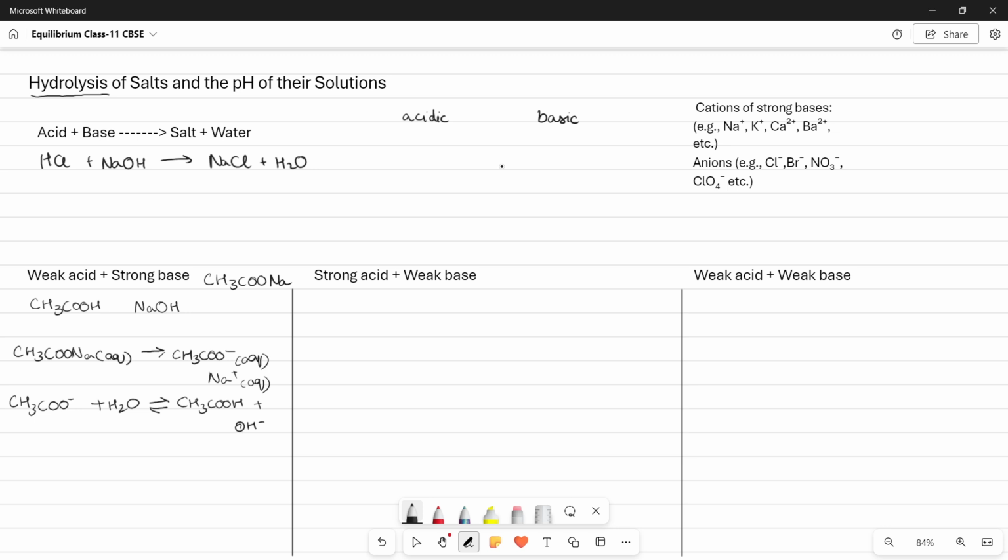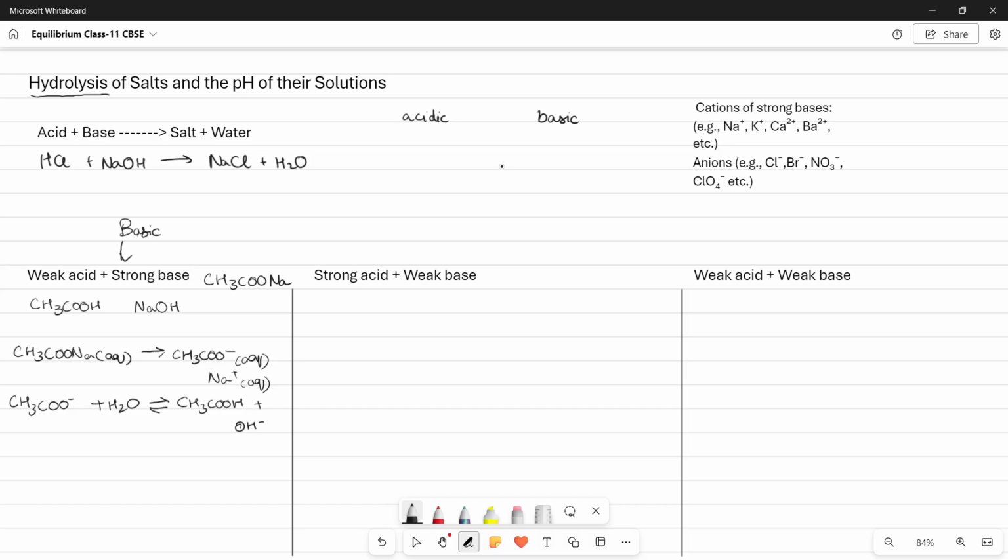Acetic acid is a weak acid and prefers to stay in the unionized form. For the most part it's going to be unionized, which means you have an excess of OH minus ions, and this OH minus ion is going to cause the solution to be basic.